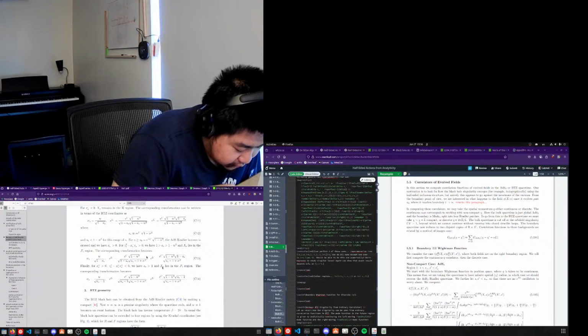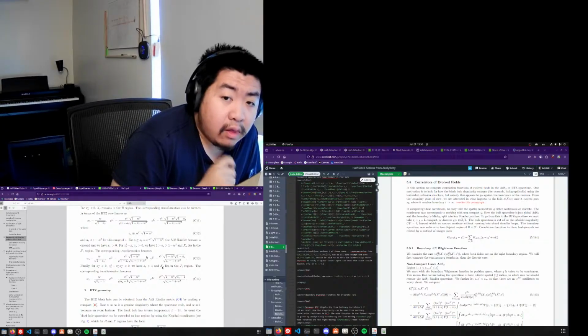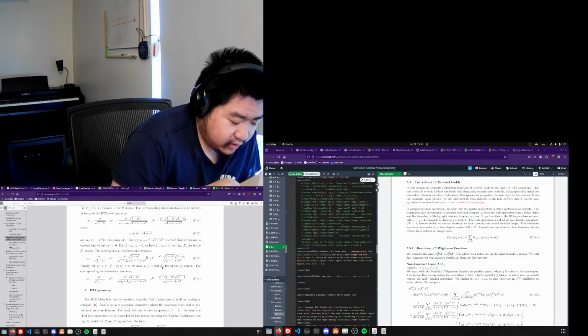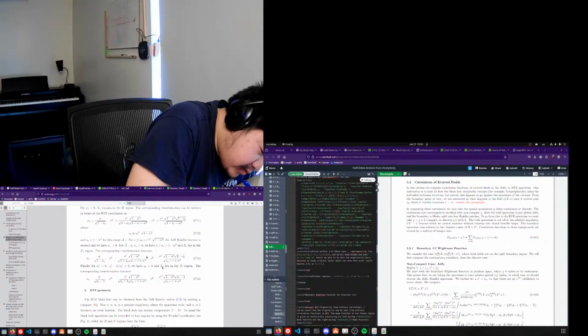So I should make a picture of which calculations supersede which other calculations. I mean, this is stuff that probably shouldn't do right now. Advisor would say definitely don't worry about that now.